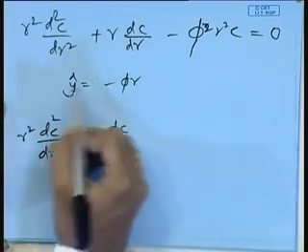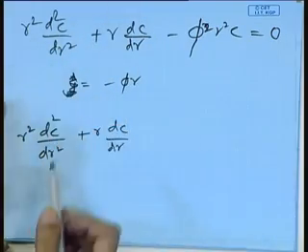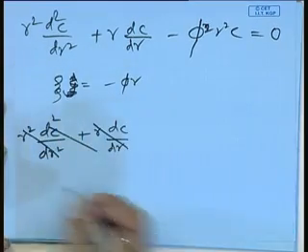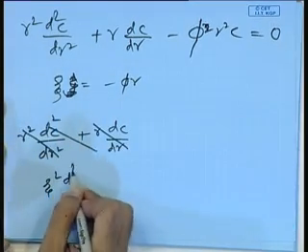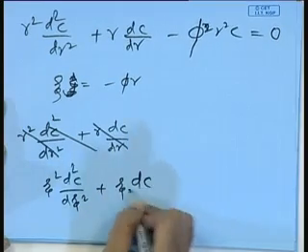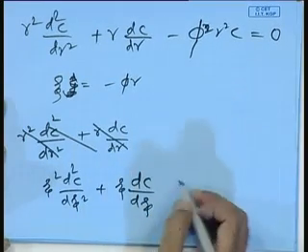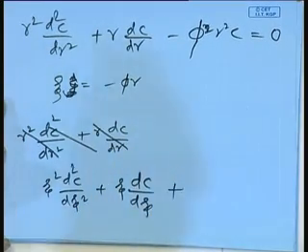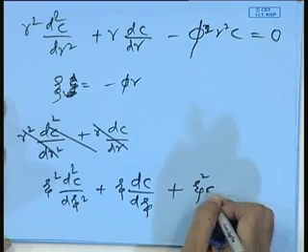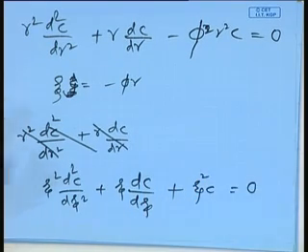Let us call this not y hat, let us call this psi, just for the sake of simplicity. Then your psi square del 2 c del psi square plus psi del c del psi plus psi square c equals 0.